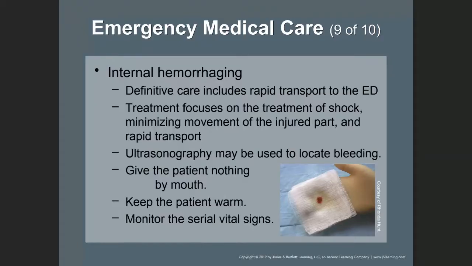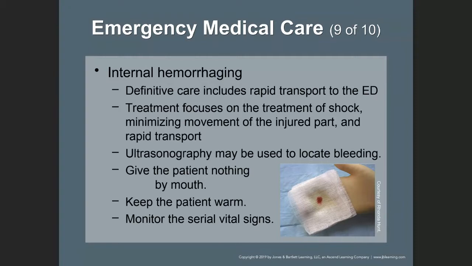Internal hemorrhaging. Definitive care includes rapid transport to the ED. Treatment focuses on treatment of shock, minimizing movement of the injured part, and rapid transport. Ultrasonography may be used to locate bleeding. Give the patient nothing by mouth.